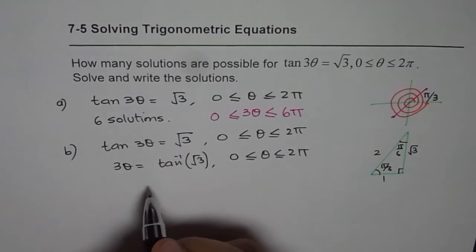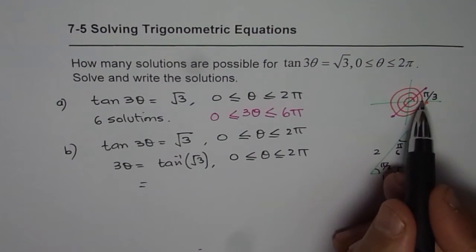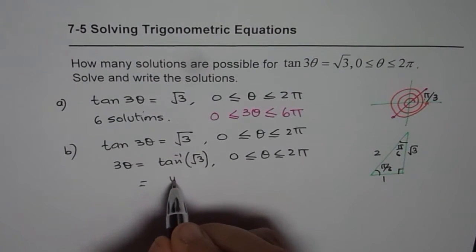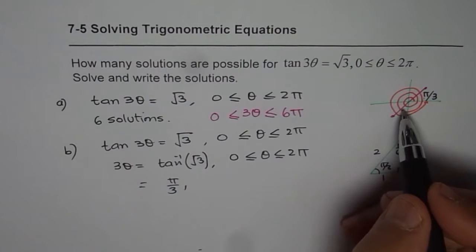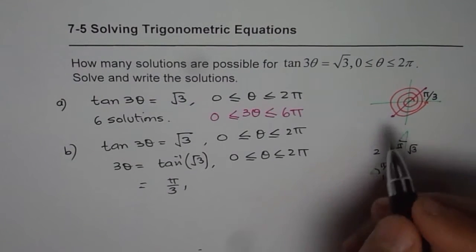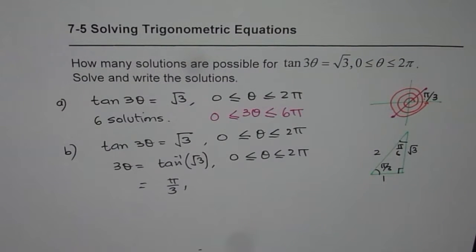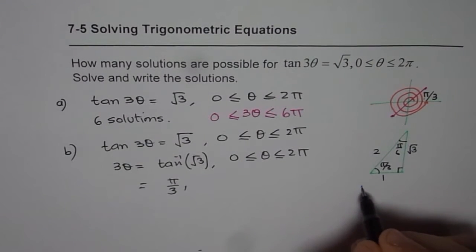Now all possible solutions will be, first acute angle is pi by 3. And then it will be pi by 3 plus pi. Do you see that? Then we have pi by 3 plus pi.